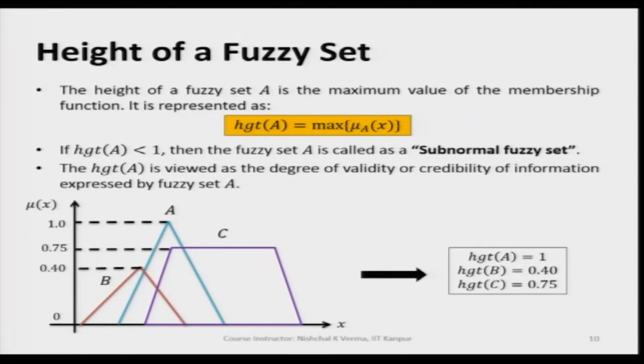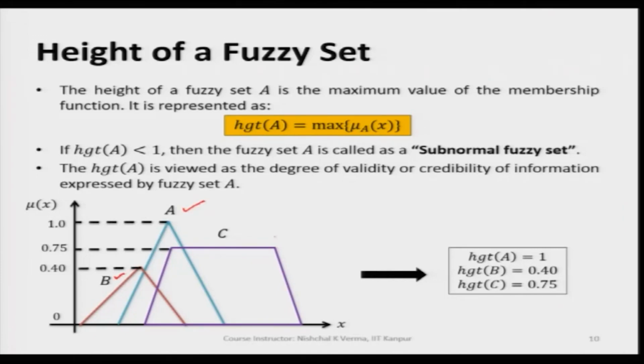The height of a fuzzy set is defined by hgt of A, and this hgt of A is equal to the max of all the values of membership.